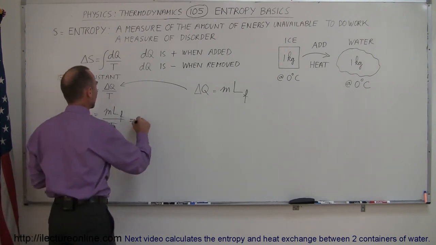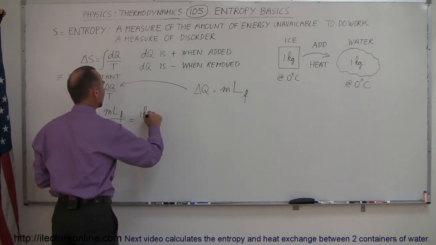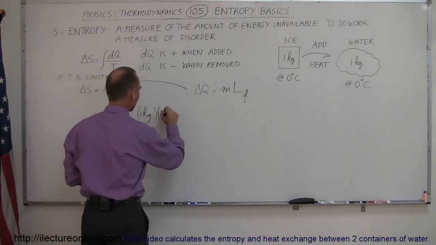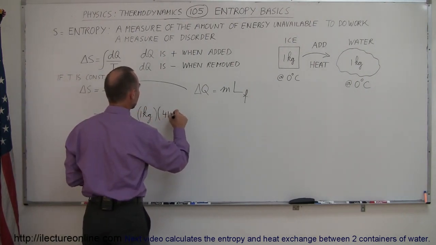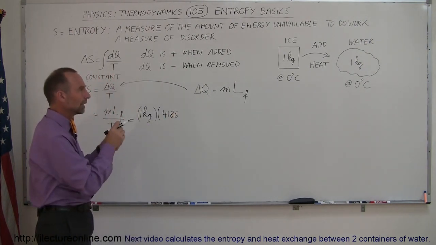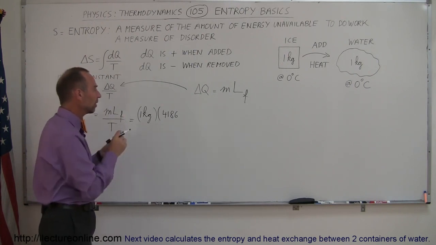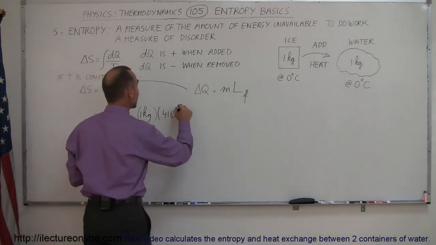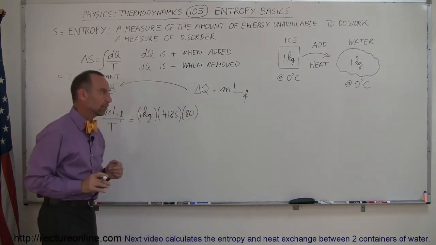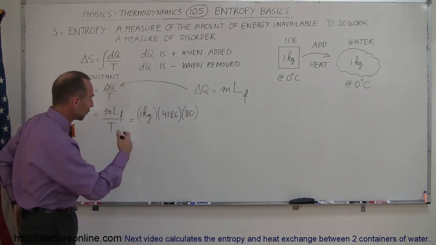All right, so this would be 1 kilogram times the latent heat of fusion. Now, that would be 4,186 joules per kilogram to change 1 kilogram of water 1 degree centigrade. We multiply that times 80, which gives us the latent heat of fusion for ice, for going from ice to water.